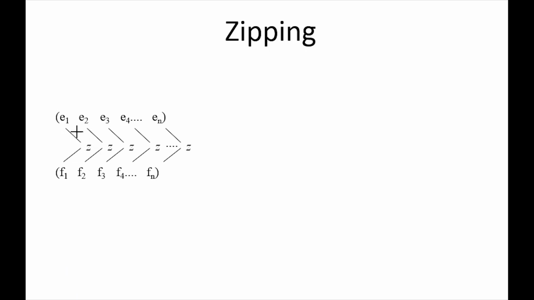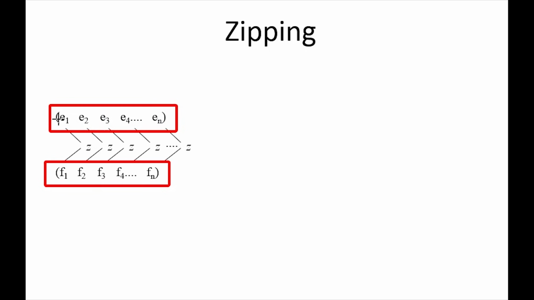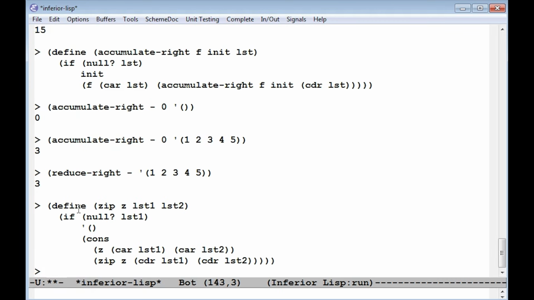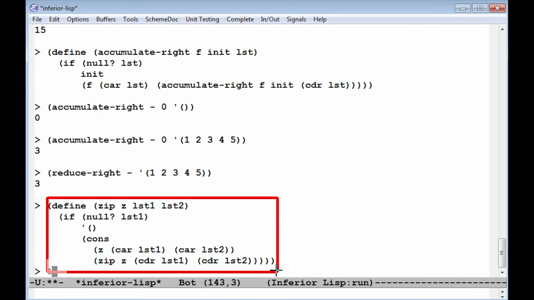Two lists, the first here, the second here, and pairs of elements from the first and the second list are zipped with the zipping function C. It is fairly simple to define as a zip function. Again, it follows a simple recursive pattern.